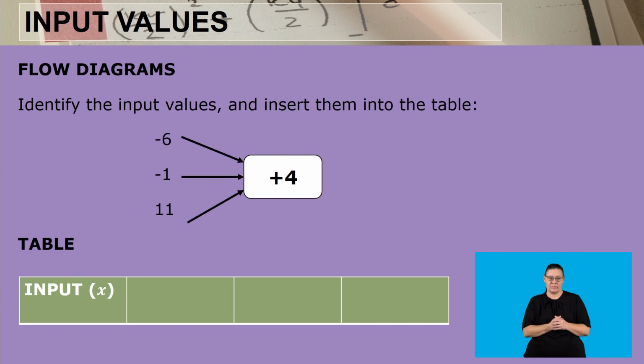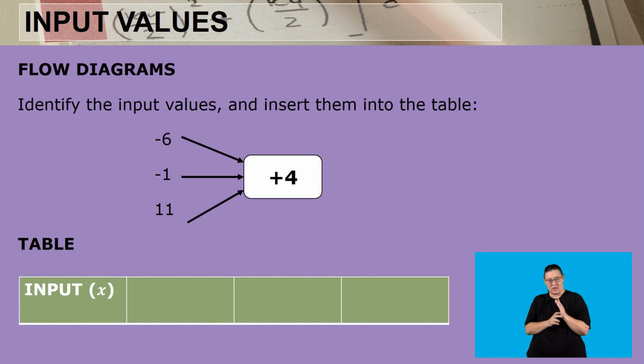So here is one. It says to identify the input values and insert them into the table. Looking at this flow diagram, we can see that it is incomplete, and the reason for that is because we are now focusing on our input values. In our flow diagram, our input values would be the value that we are going to start with. It is the one that goes into the rule.